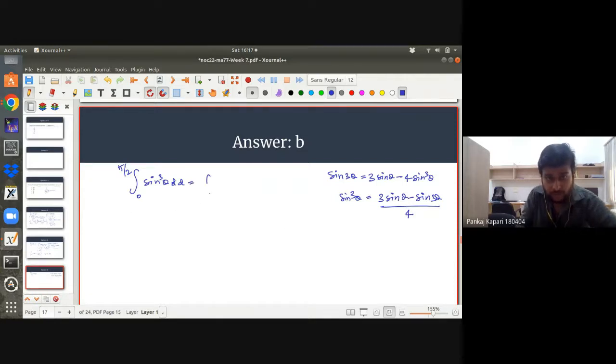So we'll take 1 by 4 outside, 0 to pi by 2, 3 sine theta minus sine 3 theta.